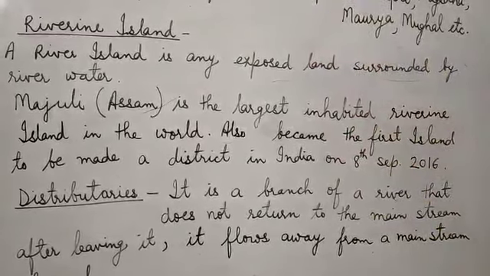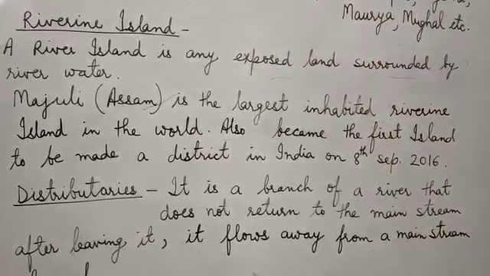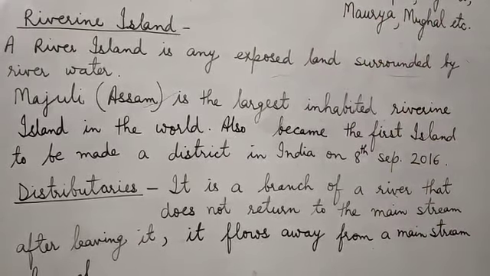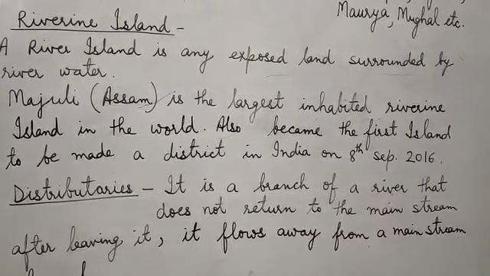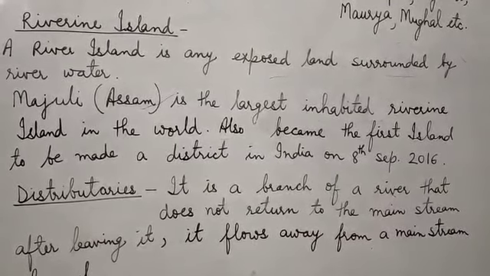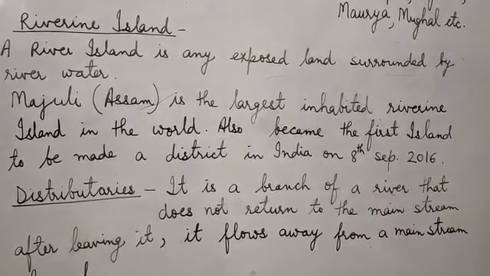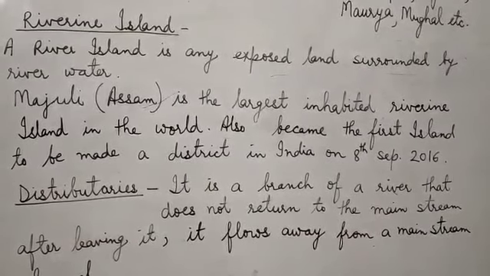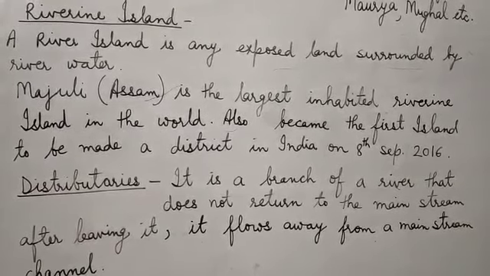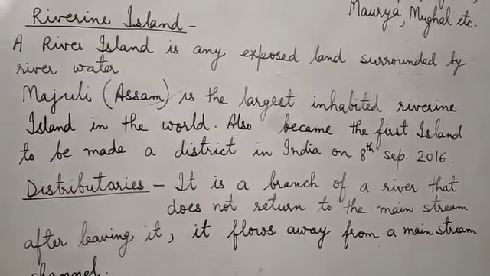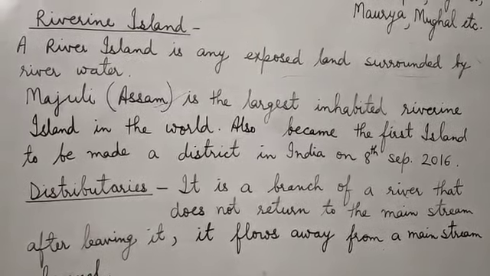So what is a riverine island? As the name suggests, riverine islands are related with rivers. Riverine islands are those islands which have developed inside a river. Such an island may form due to interconnection of two rivers enclosing a land area between them.